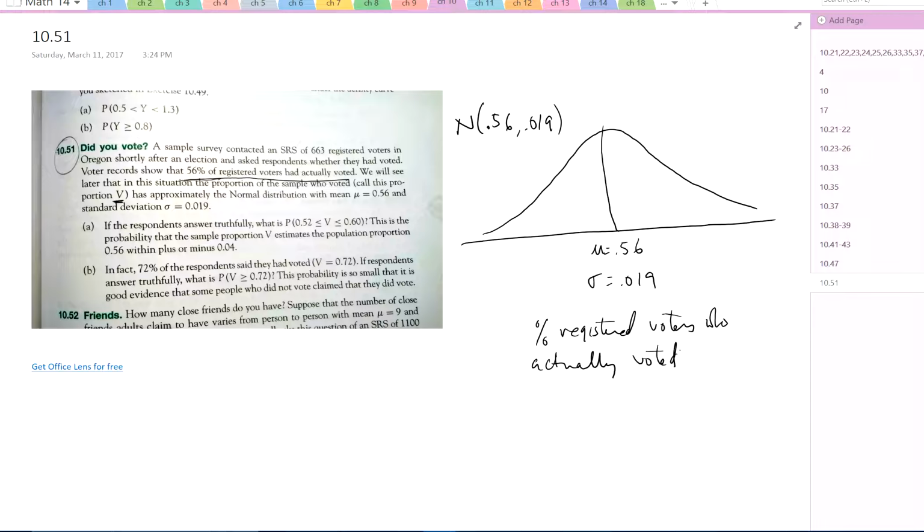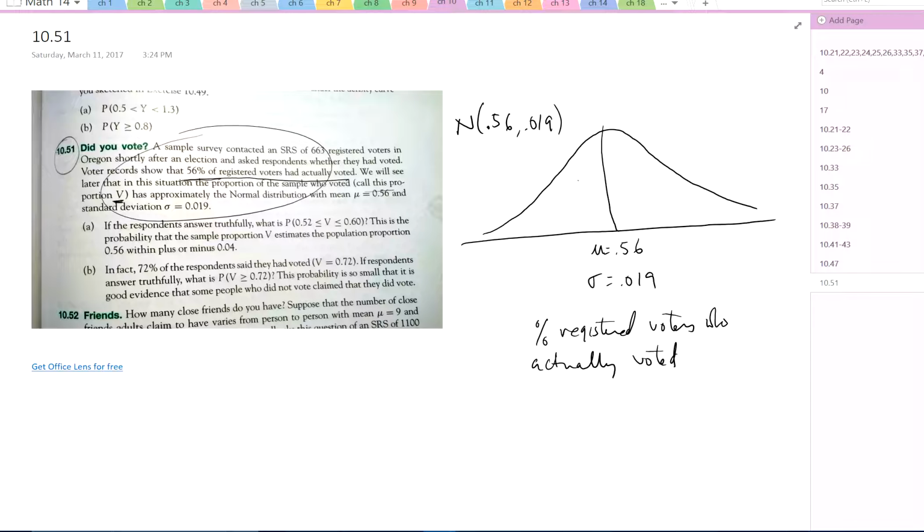Okay, so that's what this tells us. Now I'm going to look at A. If the respondents answer truthfully, what's the probability that the percent V, the percent who voted, is between 52 and 60, the actual proportion of people?